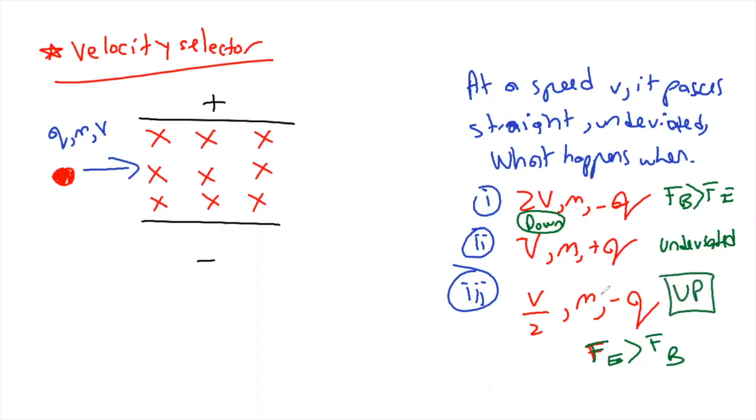Since this is minus q, Fb is downwards, Fe is upwards, and that's it. As easy as that. Right, anyway, let's erase this. Note this down. I hope no one has any confusion.